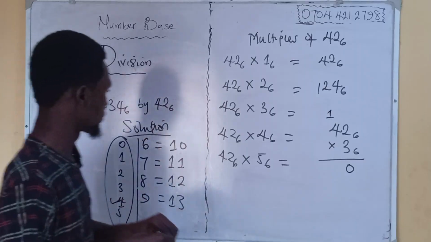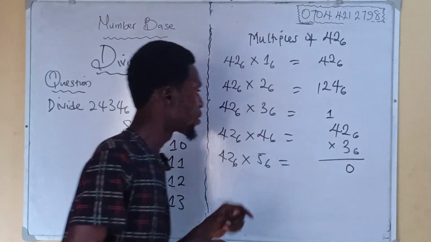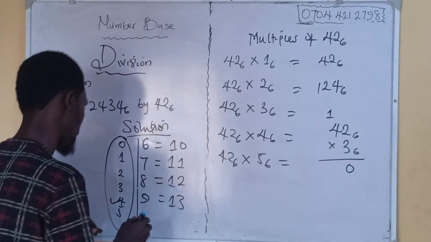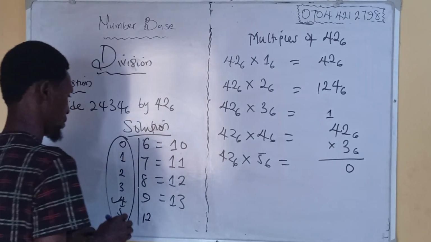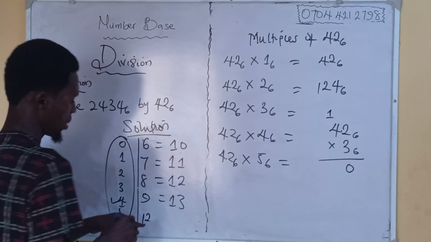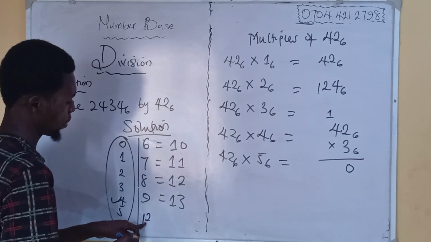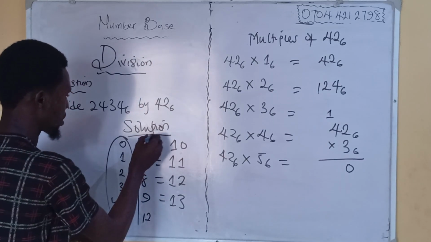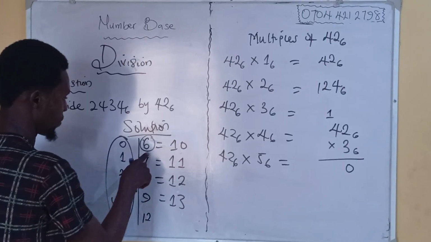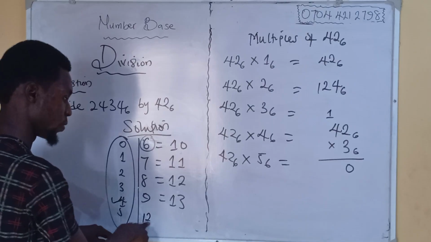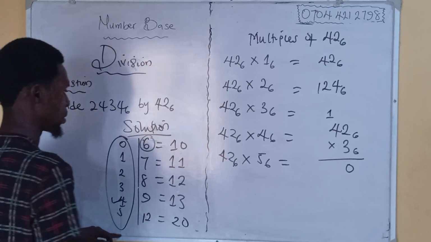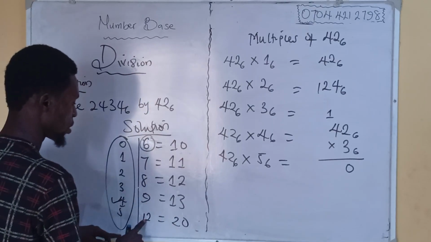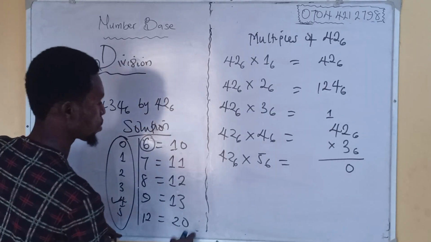Now multiply again. 3 times 4. I think this one you can just know what it is. 6 is 10 times 2, 20.